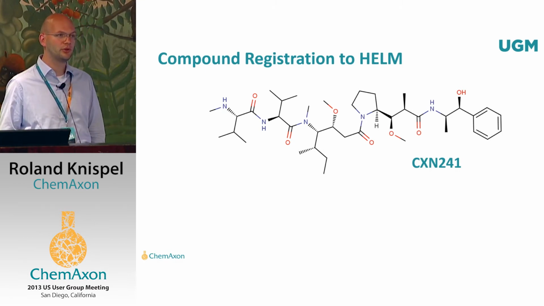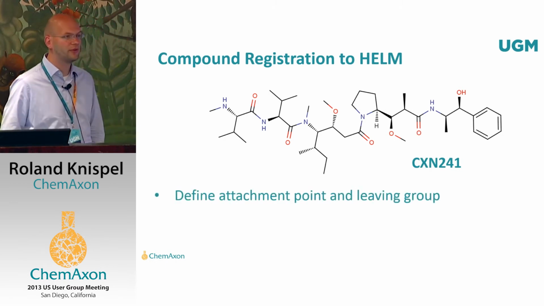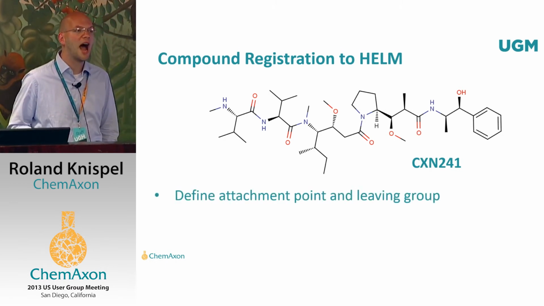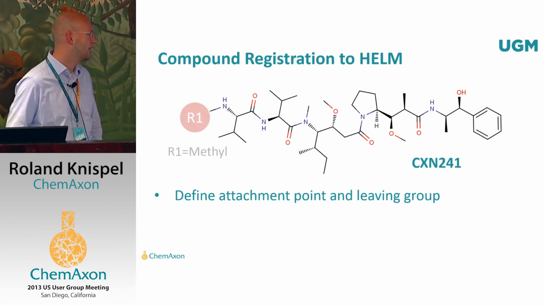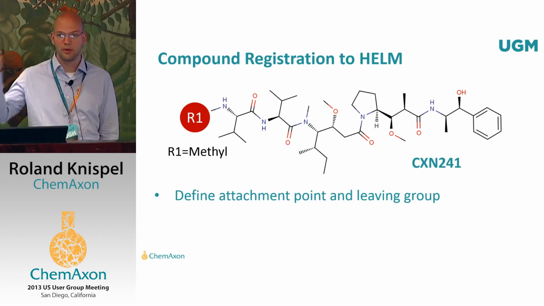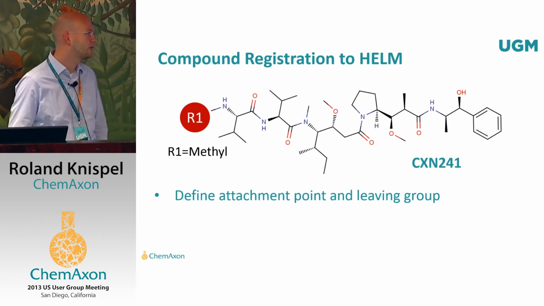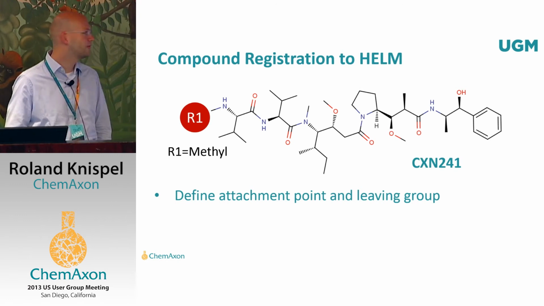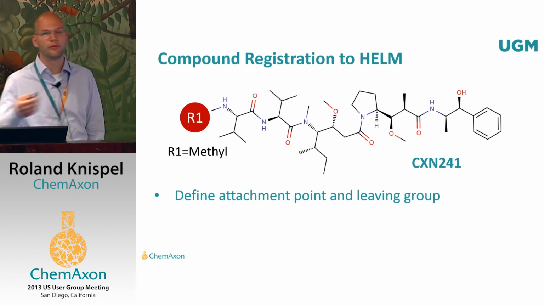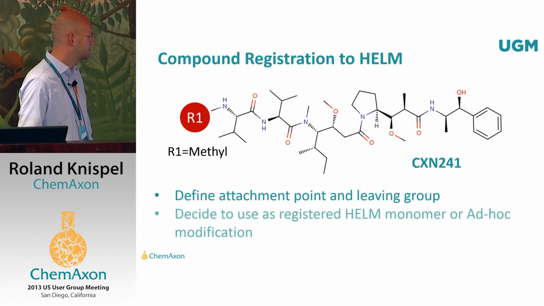The only thing you need to do in order to use them in HELM is define an attachment point, that is, the connectivity if you're using a specified conjugation reaction. A pop-up window can come up, as you have seen it for Marvin, for choosing the free attachment point. So you choose the atom which is the final attachment point, and specify what the leaving group is, and then essentially you have pulled it over into your HELM molecule registration system.